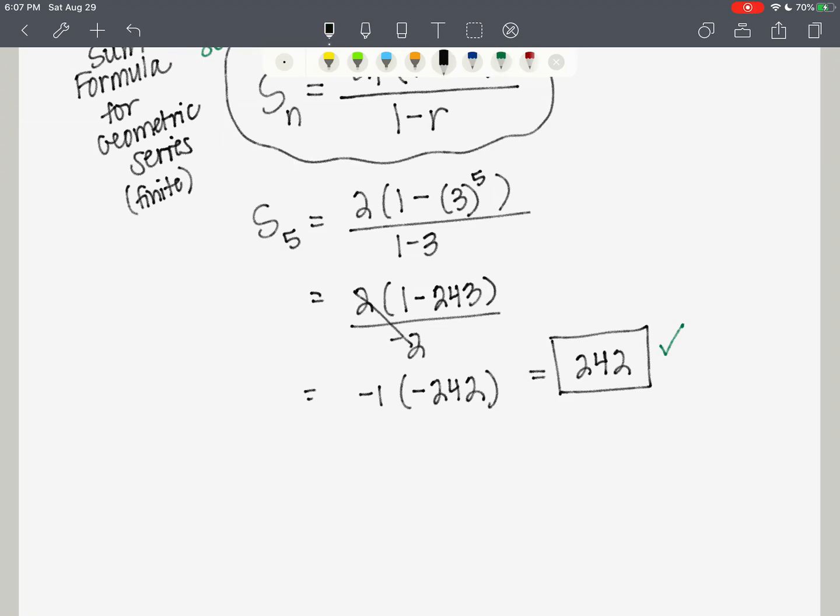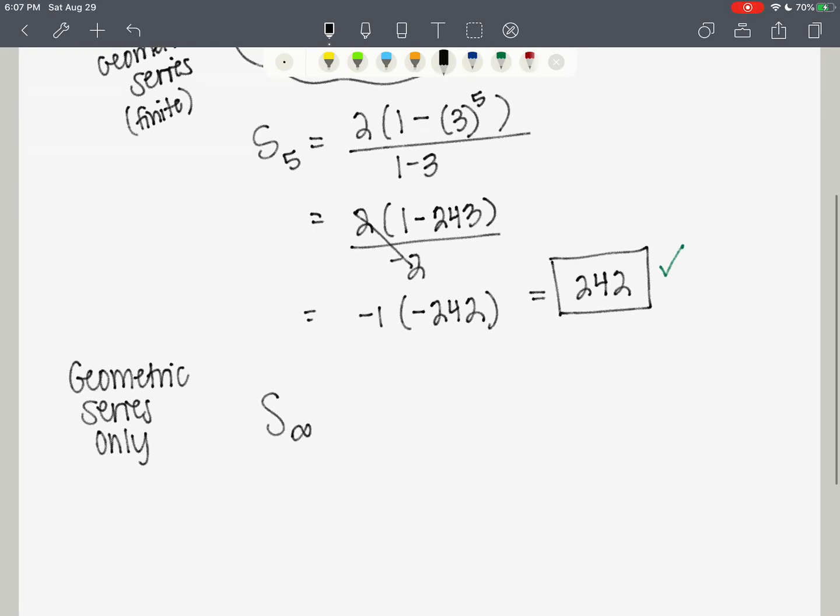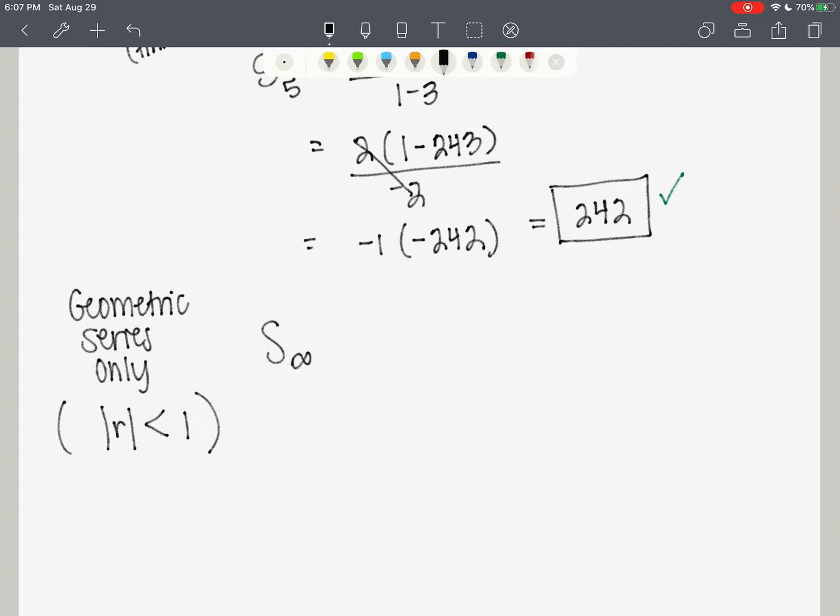Now, with geometric series only, you can find an infinite sum. This only happens, though, when the absolute value of r is less than 1. I'm going to say the absolute value of r because sometimes r can be negative. So when I say the absolute value of r is less than 1, that means that r is between negative 1 and positive 1.